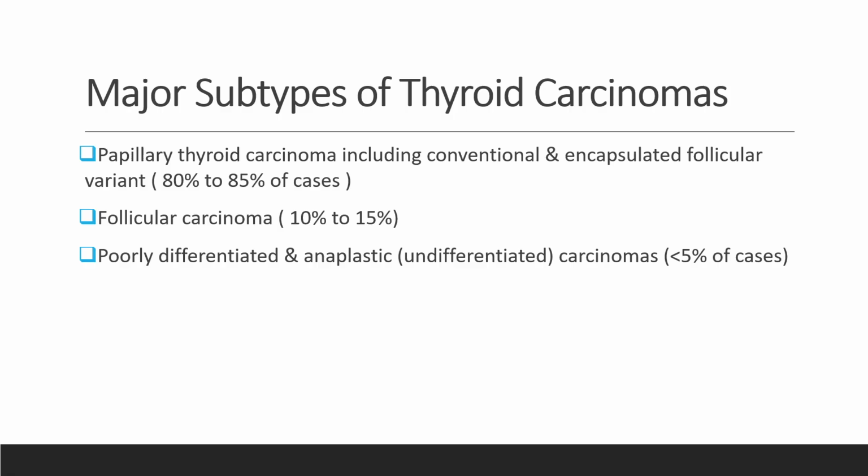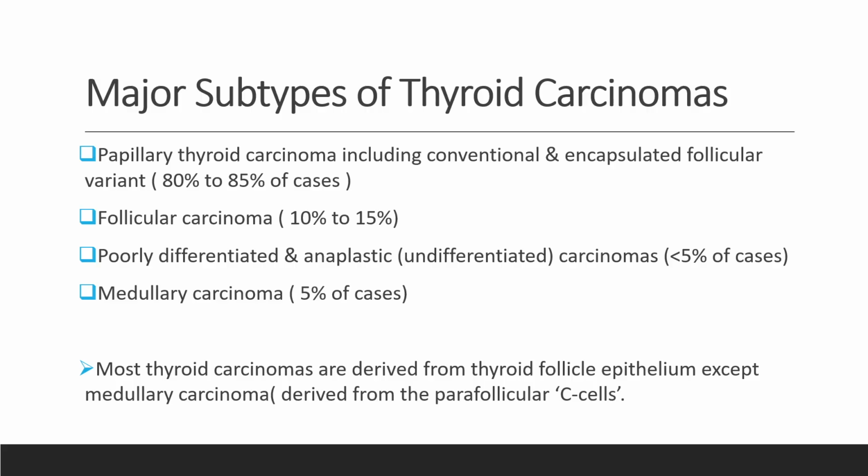And poorly differentiated and anaplastic carcinoma contribute less than 5% of cases. And next is medullary carcinoma, which accounts for 5% of cases of the thyroid carcinoma. These are the various subtypes of the thyroid carcinoma that we will discuss one by one in different videos.